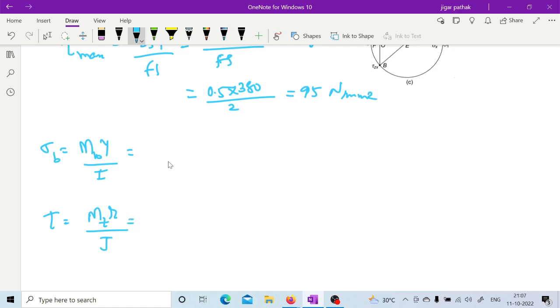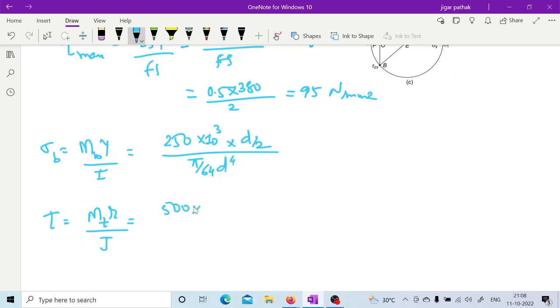Here, as you are seeing, it is a circular cross section, so this is 250 into 10 raised to 3, because P is 1 kilonewton, that is 10 raised to 3. y is d by 2, and for circular cross section I is pi by 64 d raised to 4.